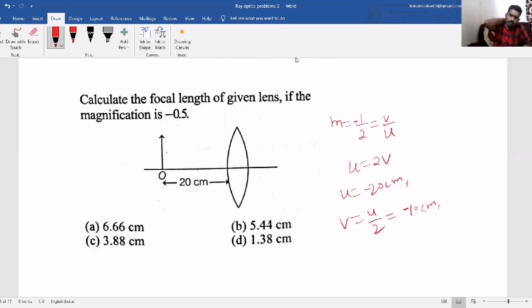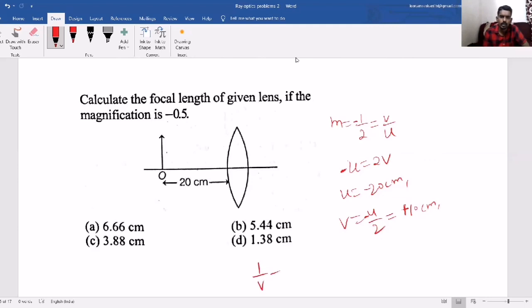But here, sorry, I forgot the minus: V equals minus U by 2, minus of minus is plus. So the V value is plus 10.